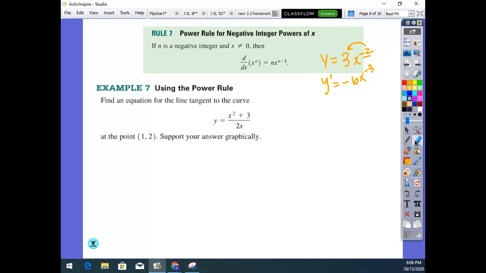So be careful, if this is negative, you need to subtract here.